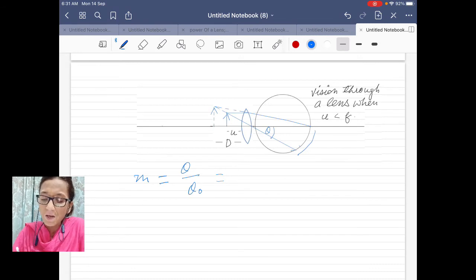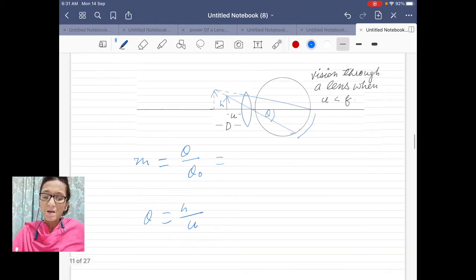Theta you can obtain from here: theta is equal to perpendicular h upon base u only, that is with lens.